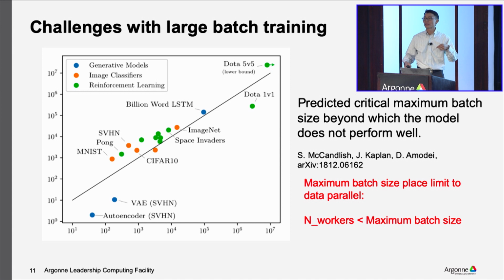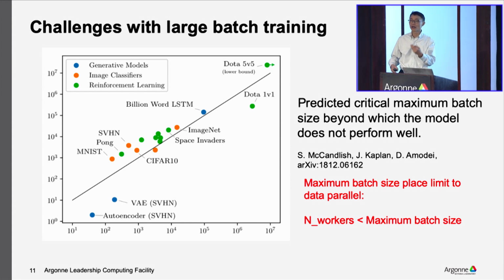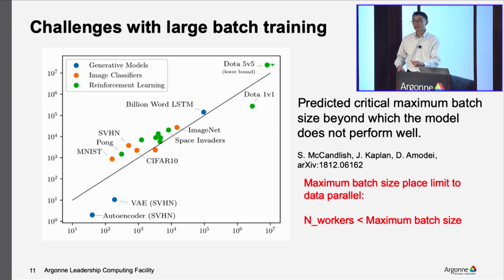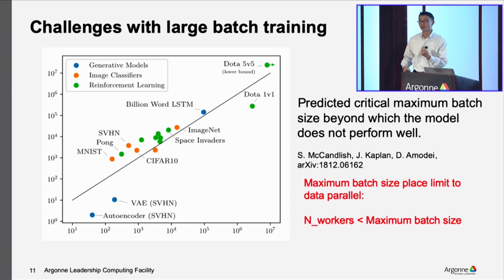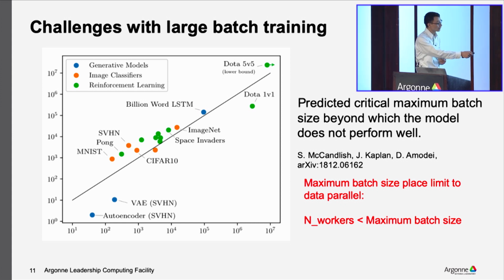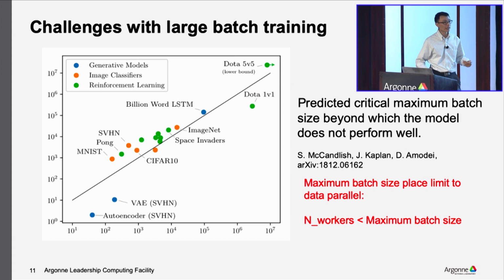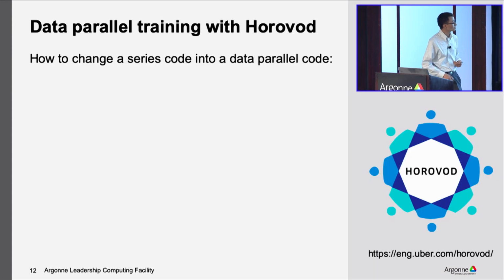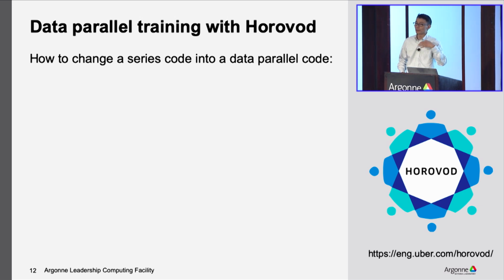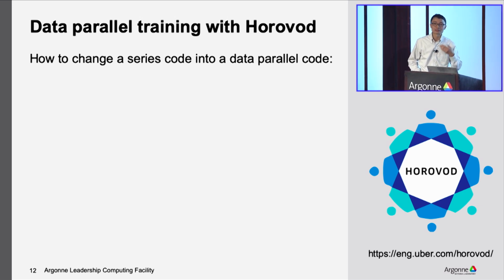So if each time we process 256 images, then the most we can use is 256 workers to process. We cannot go beyond that. So this sets a limit for the strong scaling. So these are all the theory behind this data parallel training.